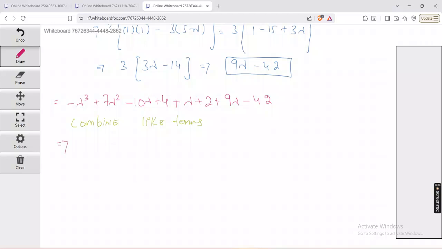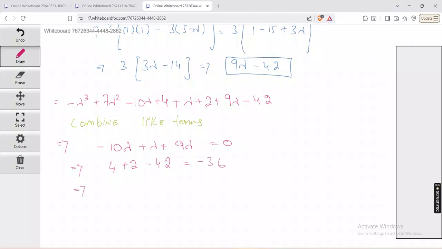So we can combine minus 10 lambda plus 9 lambda, which is equal to 0. Then what's left? We have 4, we have 2, we have 42. So we have 4 plus 2 minus 42, which is equal to minus 36.